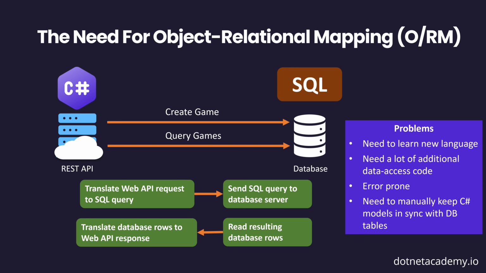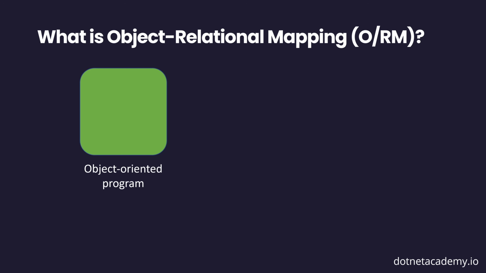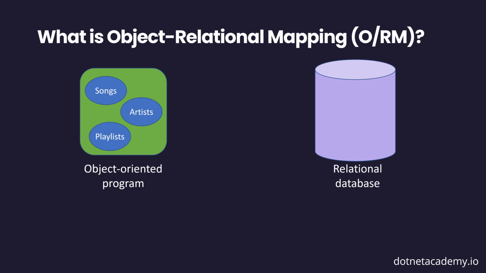But what is ORM? Well, going back to our Spotify example, imagine your application has been created using an object-oriented paradigm, and therefore it includes objects to represent songs, artists, and playlists. And if you're working with a relational database server, there's a good chance your database will have corresponding tables for each of those objects.